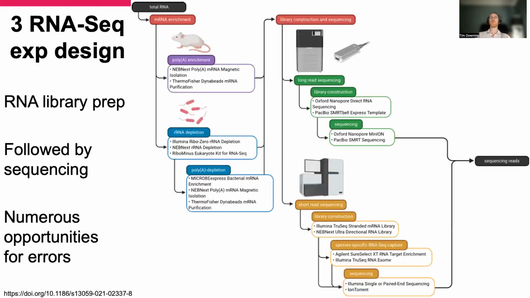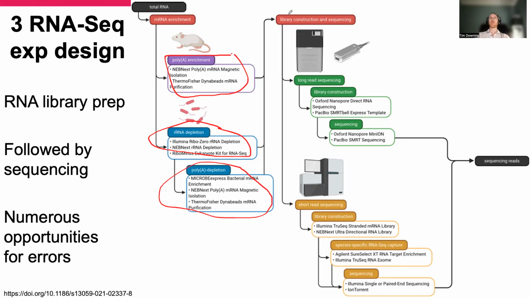An illustration of the steps we might expect in our RNA-seq library prep is outlined here. We first extract total RNA and then enrich it for mRNA using poly-A enrichment, which is the more common option, although RNA depletion, or poly-A depletion, is also an option.